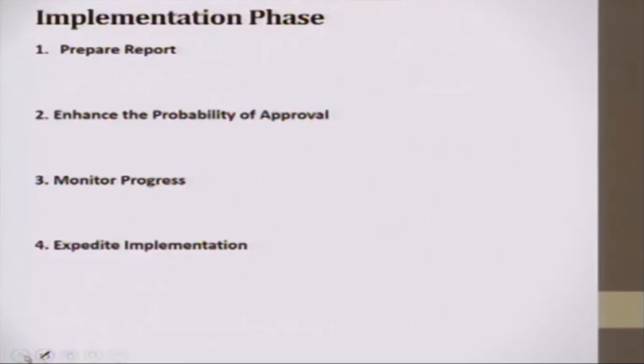Now next I have here is the implementation phase. The first step here is prepare report. This report has to be a written report. The oral presentation is also helpful, but a written report is required for the decision maker to see the facts, the data visualization is used here.